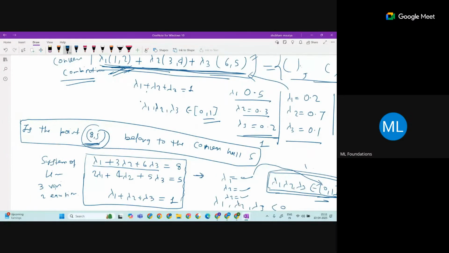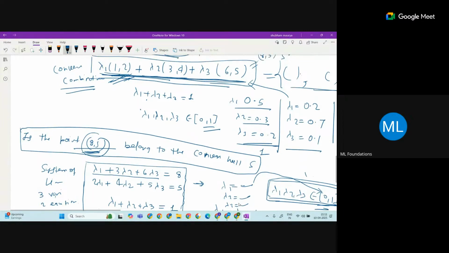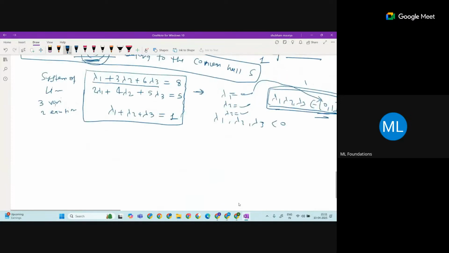Somebody asked what steps we will follow. Use the definition, and we end up with this equation. Approach with the definition only.